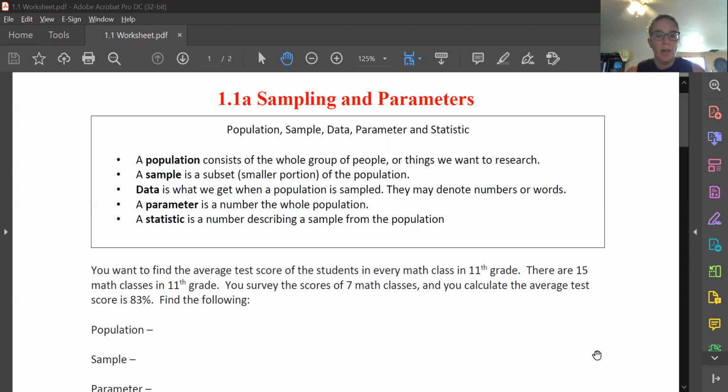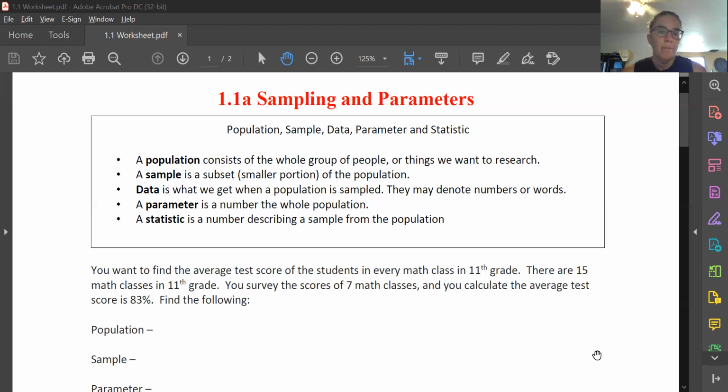Okay, so then data, just throw this in because we got to learn this vocabulary word somehow, or at some point. Data is what we get when the population is sampled, and data sounds singular, but it's actually plural. So they, as in the data, may denote numbers or words.